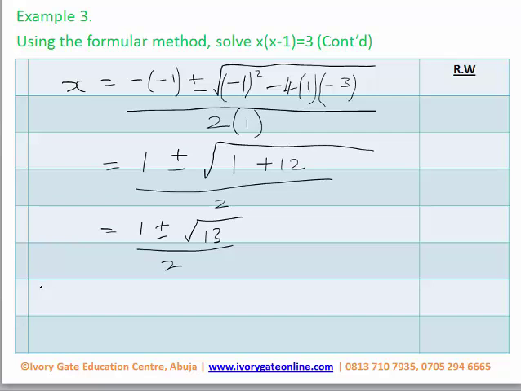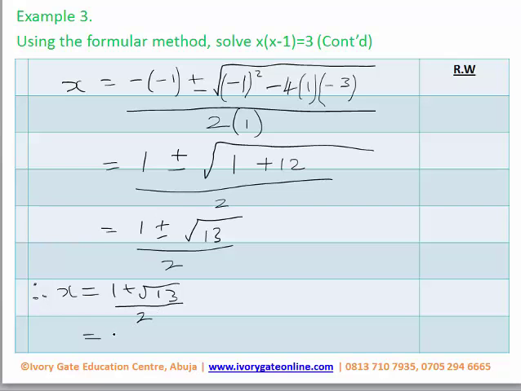So simplifying further, we have that, therefore, trying to be mindful of the space, x is equal to 1 plus square root of 13, which is all over 2. The square root of 13 is not as straightforward as square root of 4, square root of 16, square root of 25 that we used to do.